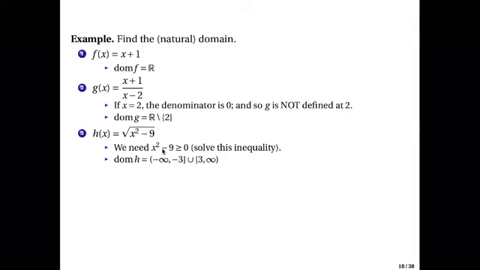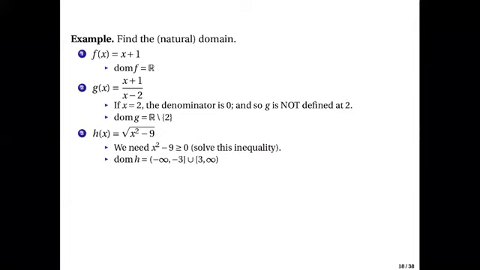You factor x squared minus 9, and then you will have something like (x minus 3)(x plus 3). So (x minus 3) times (x plus 3) must be greater than or equal to 0. So both must be positive or both must be negative. Okay? So try to work on this inequality.